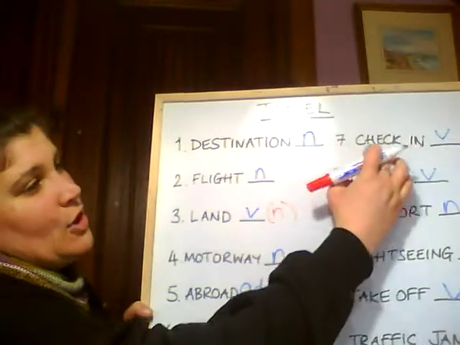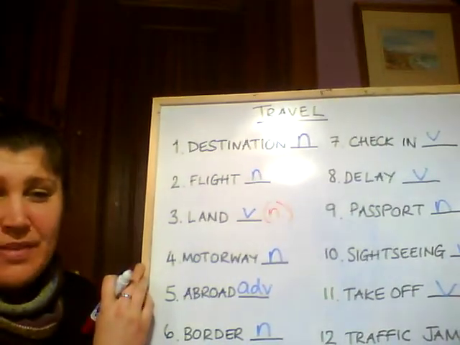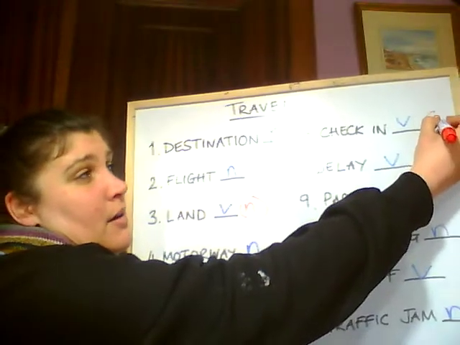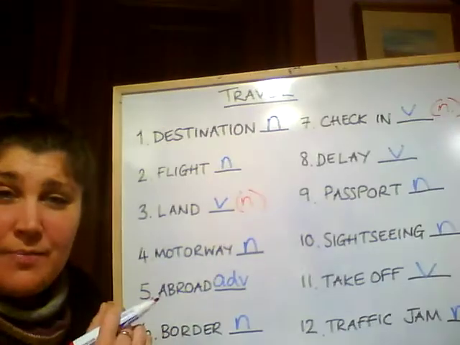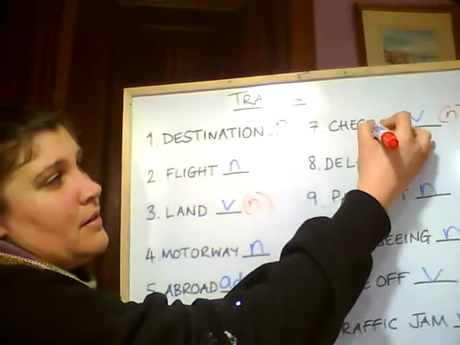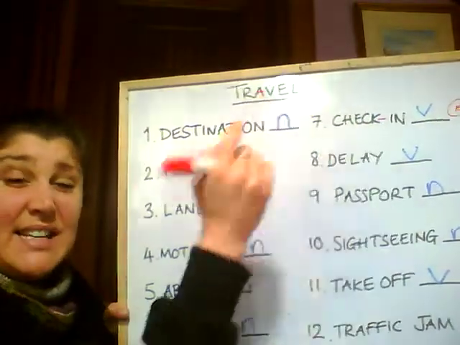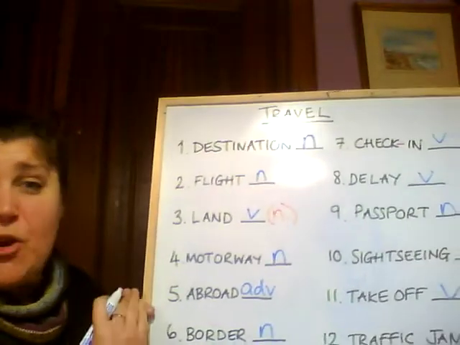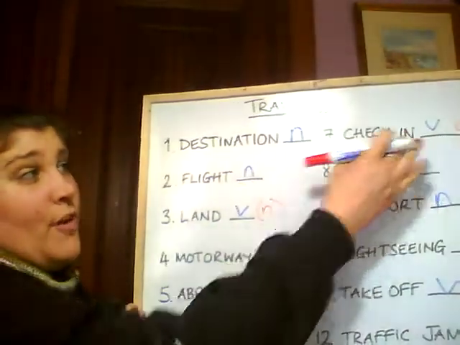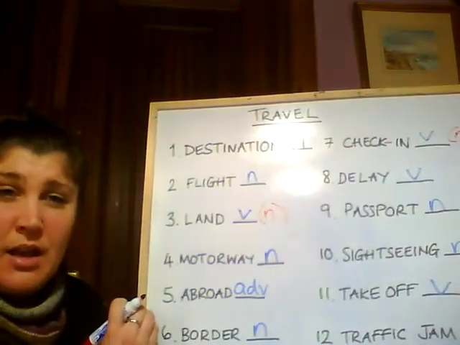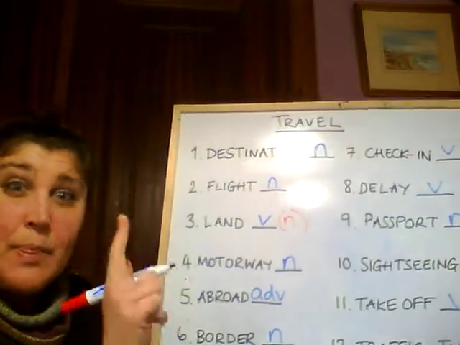Also, if we look at check in, it's a verb, but it can also be a noun. But be careful, as a noun, it has a dash. Listen to the difference in pronunciation. Verb, to check in. Noun, the check-in. Be careful.